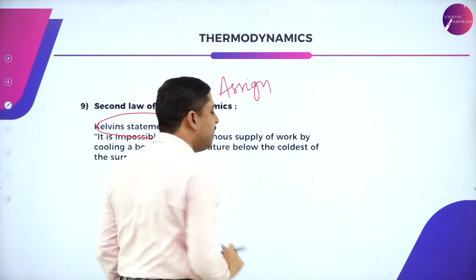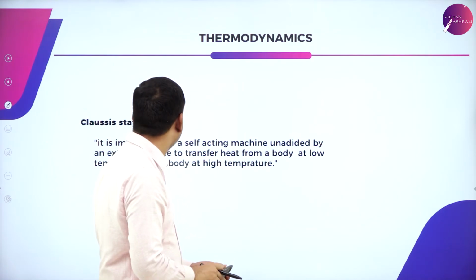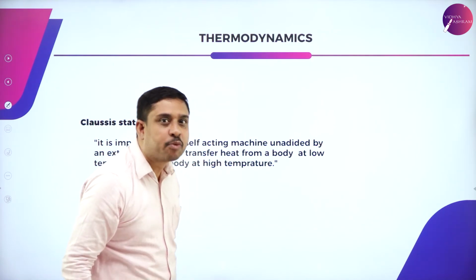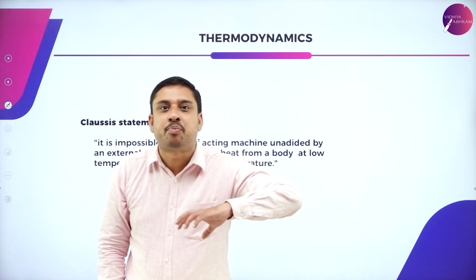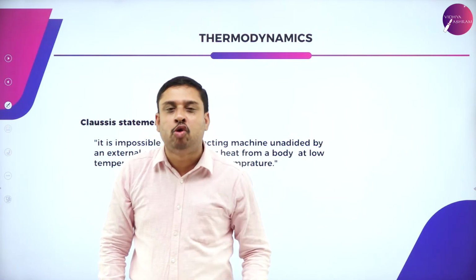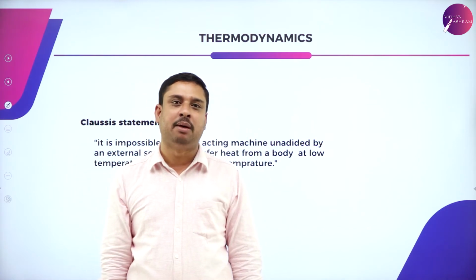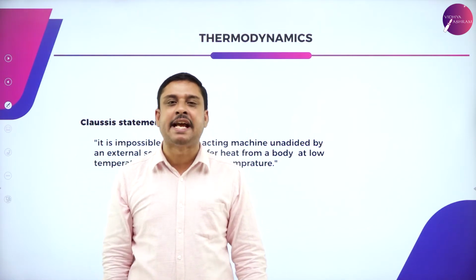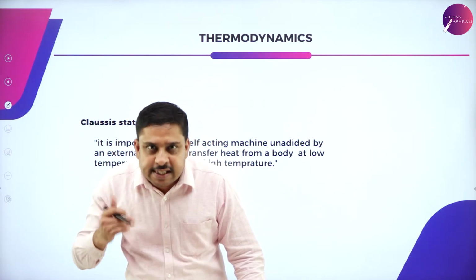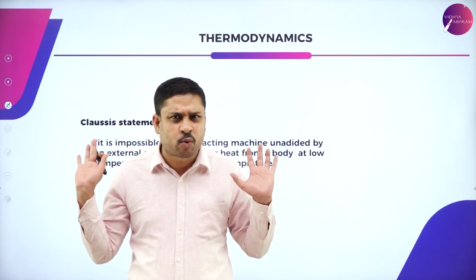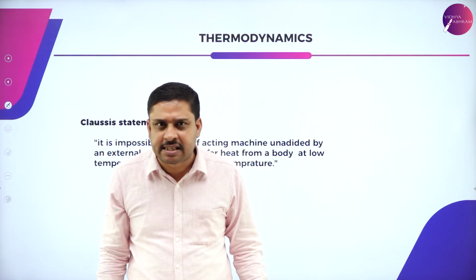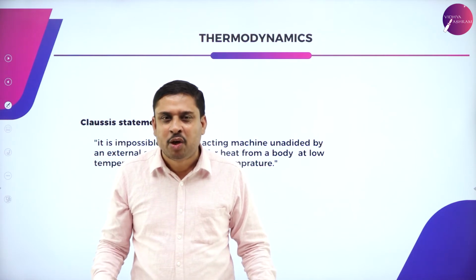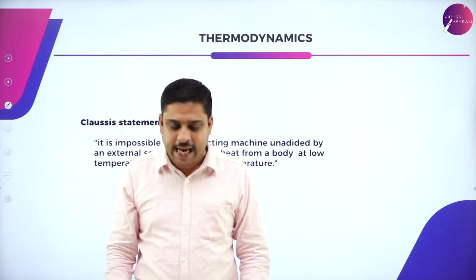One is Kelvin's statement and the other one is Clausius' statement. Although the interpretations or the statements are different, the conclusions of both of them are the same. So please do pick up the book, go through Kelvin's statement of the second law and Clausius' statement of the second law. No equations, conclusions important. If you don't analyze, try to pick it up, go through the first law, you will understand it better.